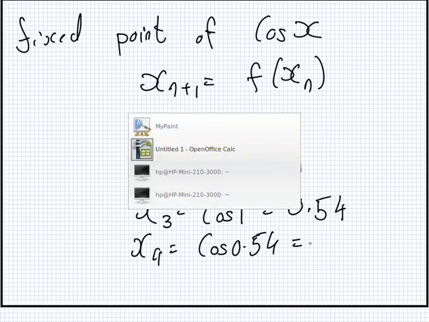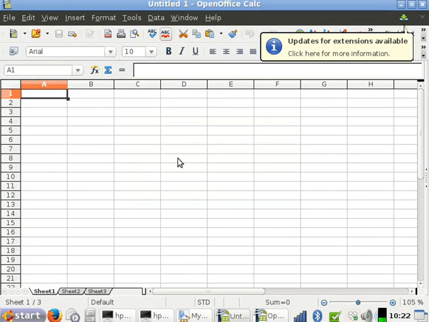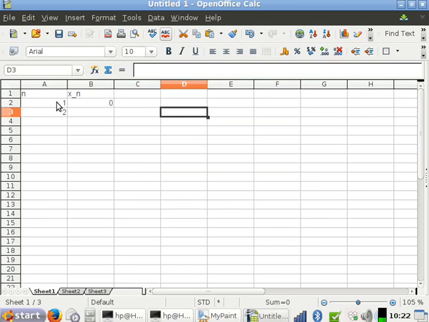Now what I'll do is I'll just do this in the program here. So here's the number of steps, 1. Here's my guess. I started off with 0, and here's my f(xn), which is cos of that number.